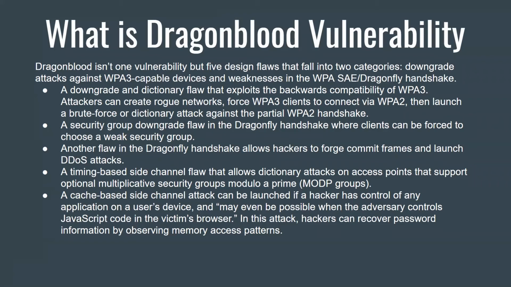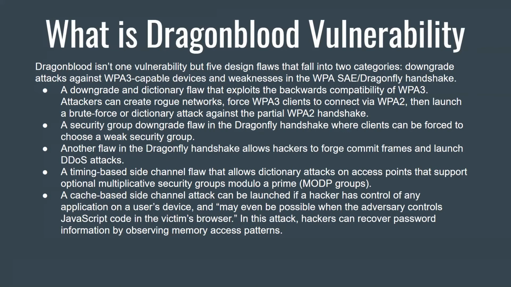With a downgrade and dictionary flaw that exploits the backwards compatibility of WPA3, the attacker can create a rogue AP, force a WPA3 client to connect via WPA2, then launch a brute force or dictionary attack against the partial WPA2 handshake. Another design flaw is the security group downgrade flaw in the Dragonfly handshake, where the client can be forced to choose a weak security group.